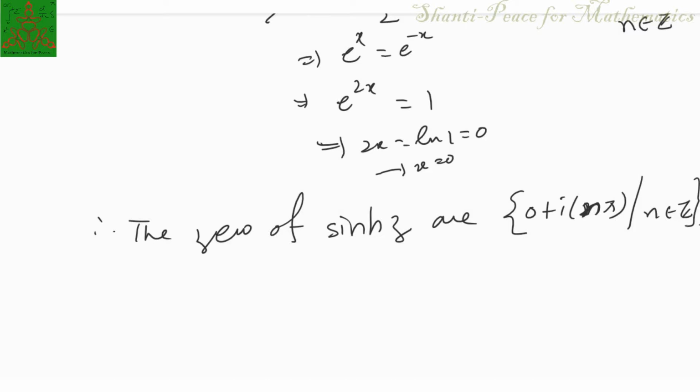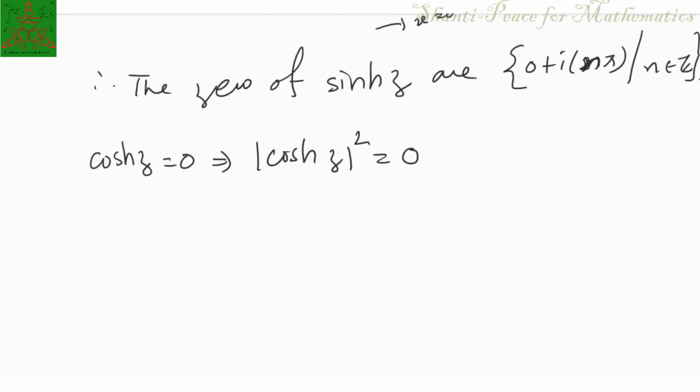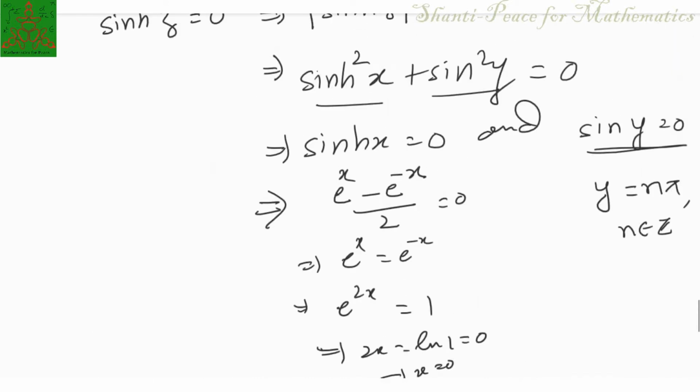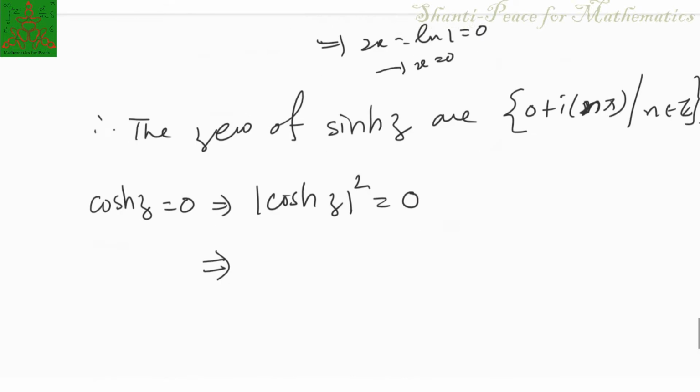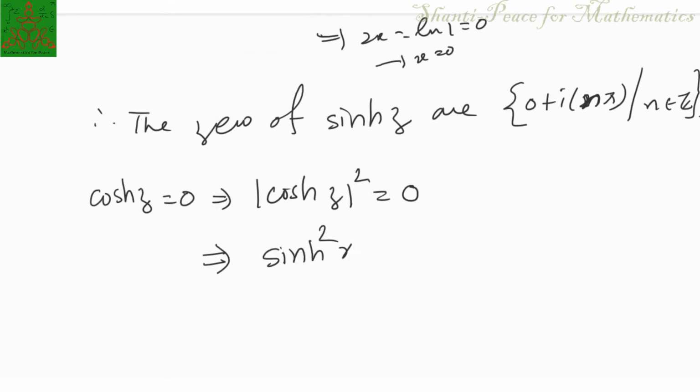In a similar manner, if you want to calculate the zeros of cos hyperbolic of z, then cos hyperbolic of z is 0, which implies mode of cos hyperbolic of z square is 0. As we have already discussed, the modulus of that gives sine hyperbolic square x plus cos square y equal to 0.